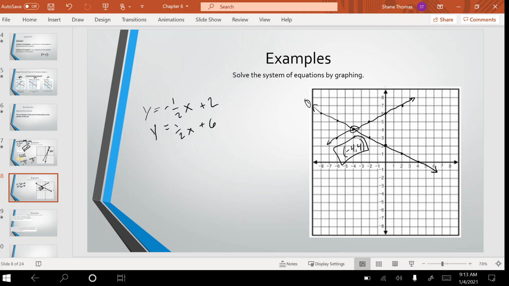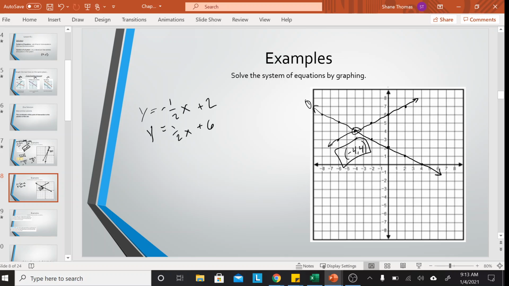Okay, this one here, this is just one of those ones, it's practice. Practice graphing, okay? If you had trouble graphing when we did it first in chapter 3, you might have a little issue. Isn't there a second way to do this? There's 3 ways. Are they easier than this? Really?